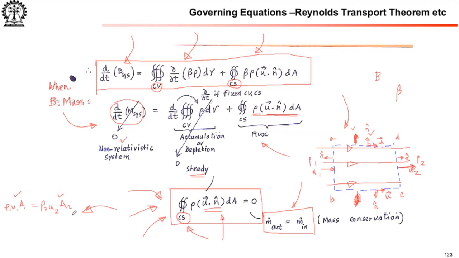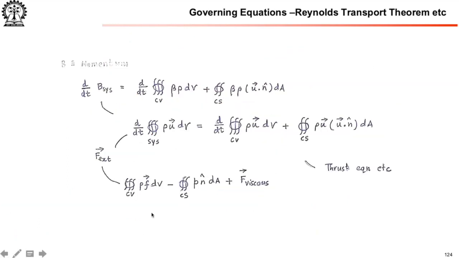So here in particular, A1 and A2 are similar, so rho 1 U1 is equal to rho 2 U2. Of course, if your rho is not changing, then U1 will become equal to U2. But those are special cases. If A and U and all those things are same, then this kind of thing can happen. The control volume description for the CD nozzle, we will go through when we come to that particular description. But at this point, we will get into the discussion of the momentum equation.